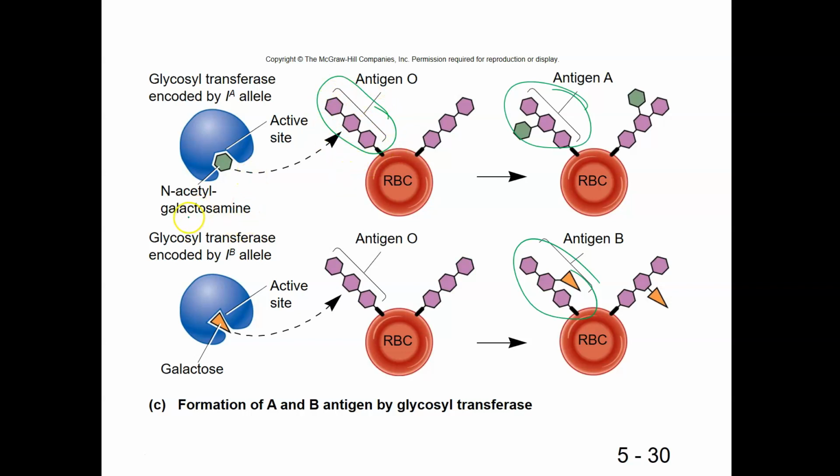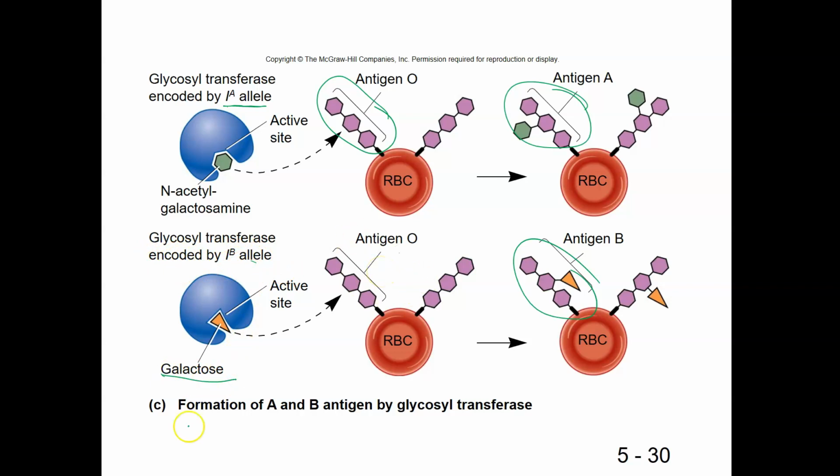N-acetylgalactosamine is a sugar that gets added to the O antigen with the glycosyl transferase that puts A onto this, which gives you type A. Type B has its own enzyme that puts galactose, another sugar, onto antigen O.